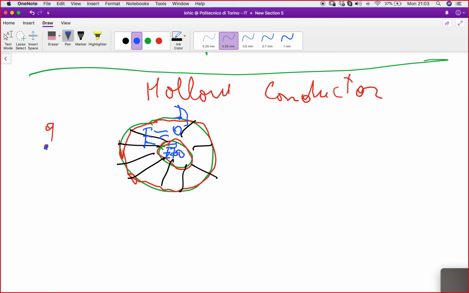By the way, no problem. Is there any question? The charges will go to the surfaces of the body. Yes. Now I will explain what happens, but this charge is external, not internal. Yes or not?